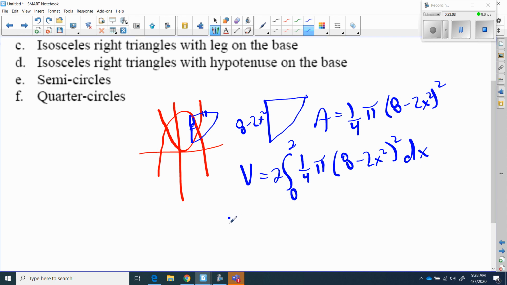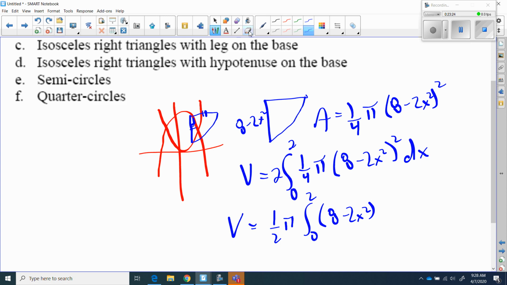Okay, clean it up before we get going. So I've got 2 times 1/4, that's going to be 1/2, and pi, that'll come out front as a constant. 0 to 2, 8 minus 2x squared. Oh, I should actually expand that out.